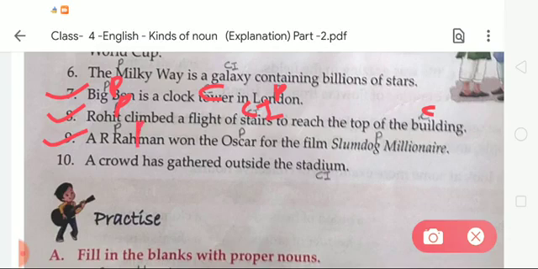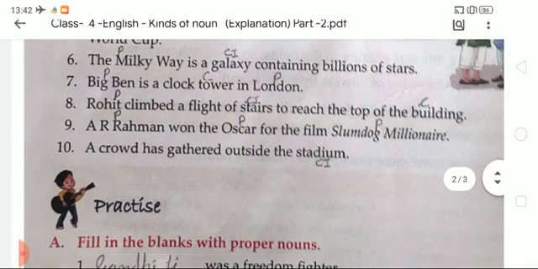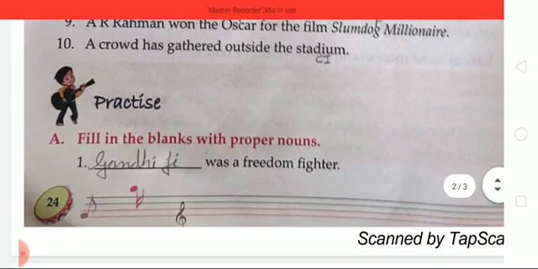A.R. Rahman is a proper noun, Oscar is a proper noun, and Slumdog Millionaire is also a proper noun, so we write P here. Now number 10: a crowd has gathered outside the stadium. Crowd is an example of a collective noun, and stadium is also a collective noun. Like this we have to complete this exercise that is given in chapter number 5 on page number 24.